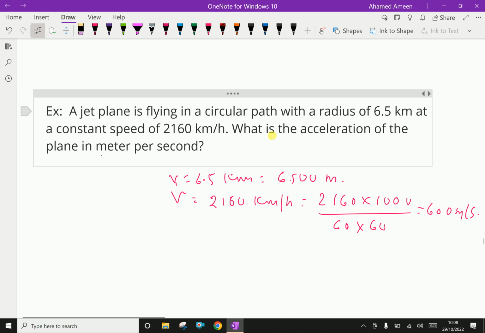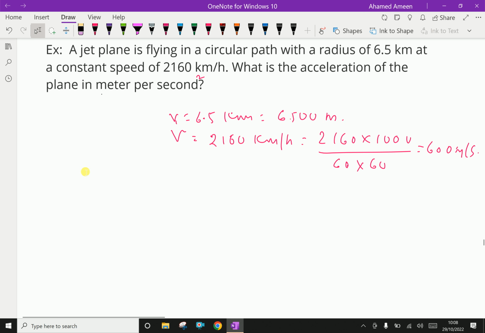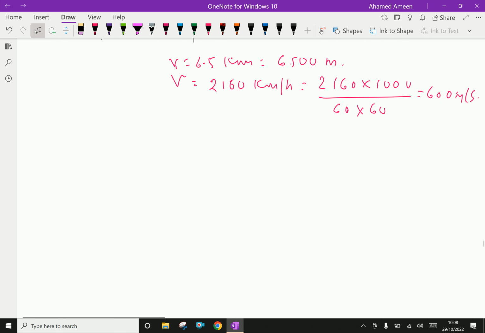What is the acceleration of the plane in meter per second square? Acceleration a equal v squared by R. Acceleration is v square, 2160 square over R, which is 6500.